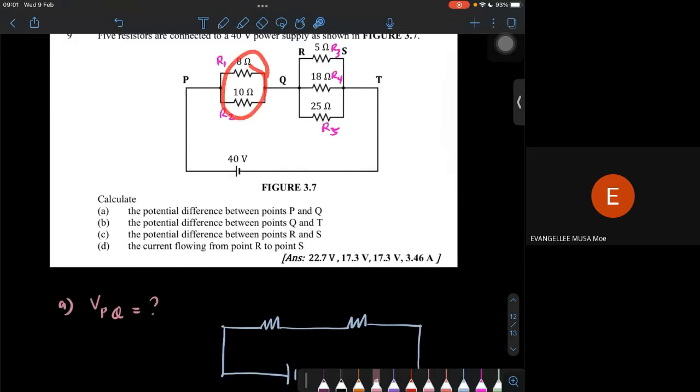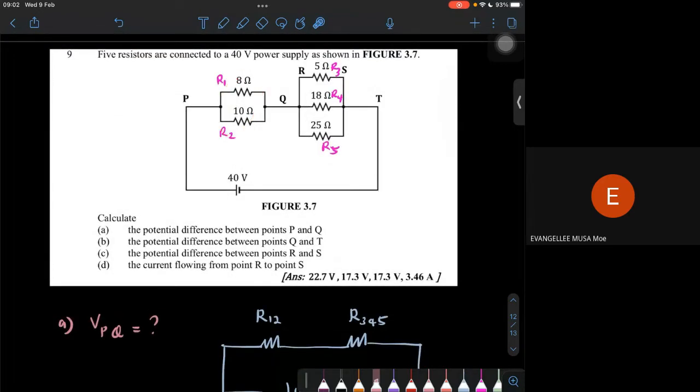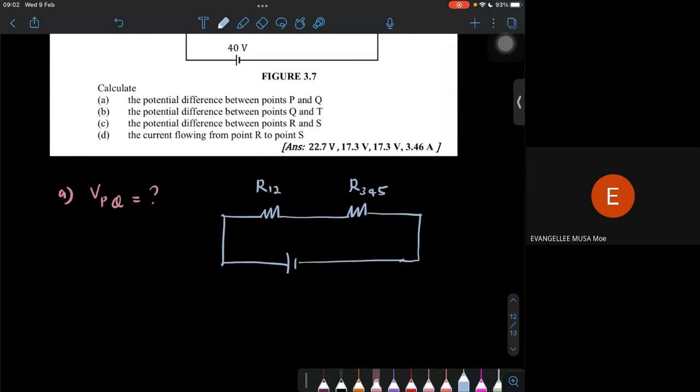Maksudnya 3 ni kita kena kira, 2 ni kena kira, 3 ni kena kira. Akan jadi this one R1,2, this one R3,4,5. So since these two are connected in parallel, these two are connected in parallel juga. So you just kira dahulu R12 will be equal to 1 over 8 plus 1 over 10, equal to 4.44 ohm.